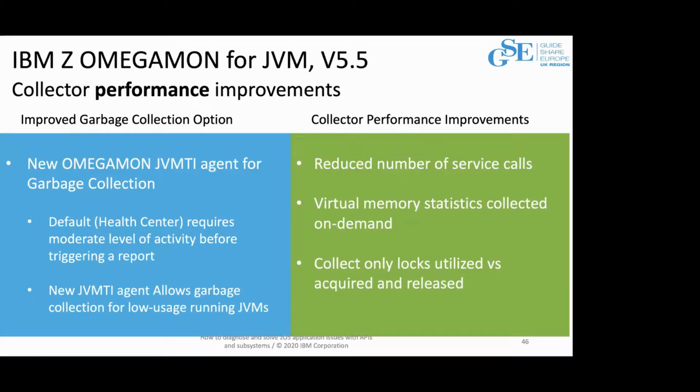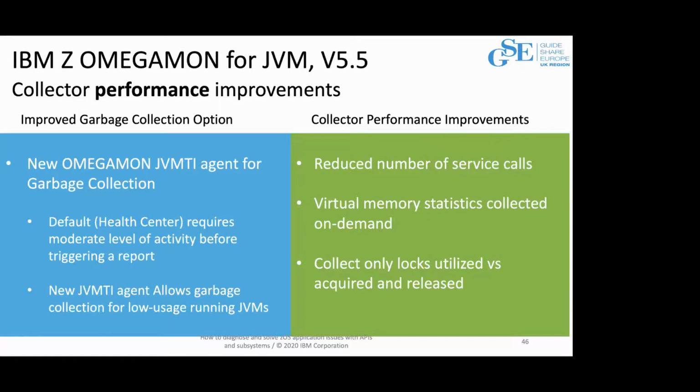So now we use a JVM TI agent, which allows us to present the garbage collection details, even if it happens less frequently. That's one improvement we put in place. Other collector performance improvements: reduce the number of service calls, which usually always helps.